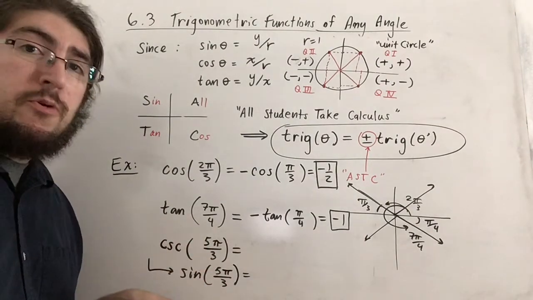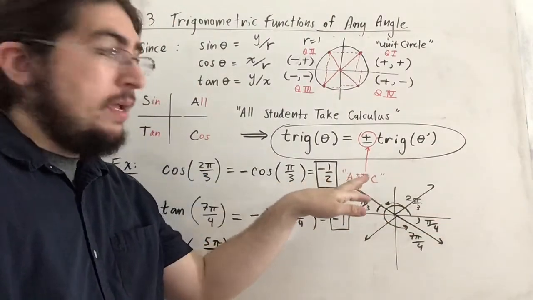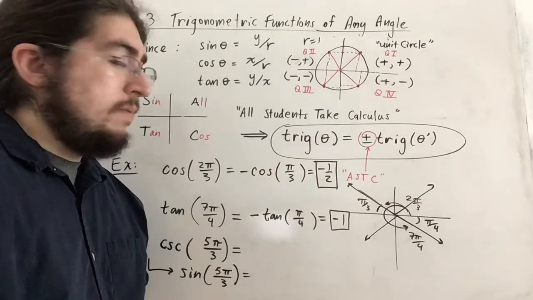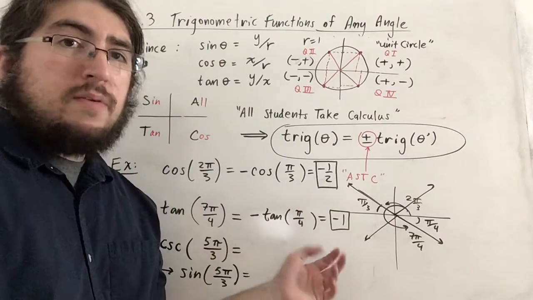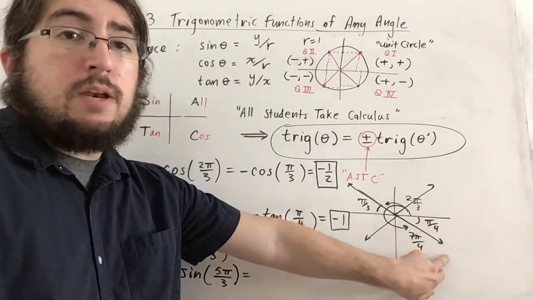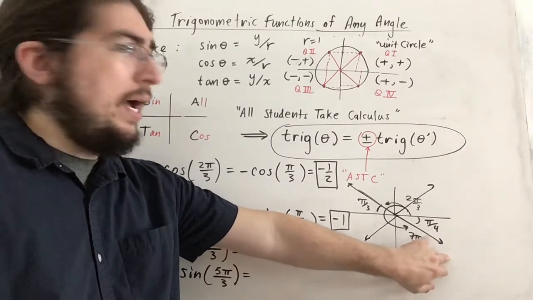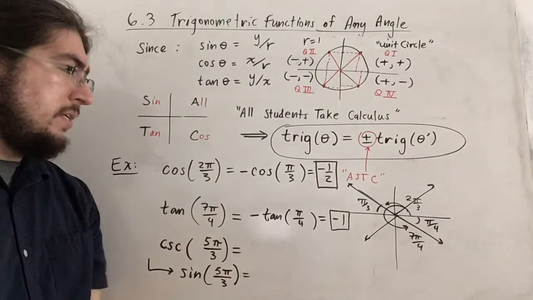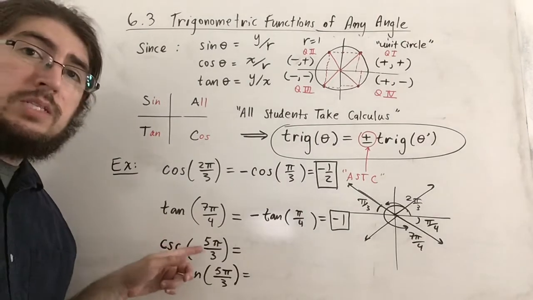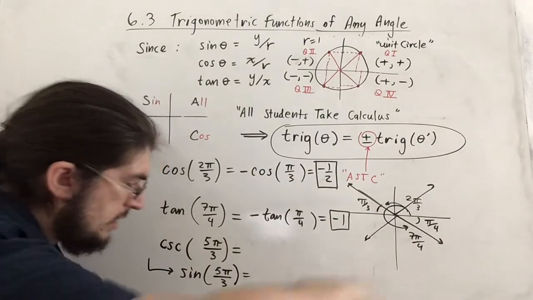So this is an over 3, so there's pi over 3 in the first quadrant, 2 pi over 3 in the second quadrant, 3 pi over 3 reduces, so we don't consider that one. 4 pi over 3 doesn't reduce, that's in the third quadrant. 5 pi over 3 would then be here in the fourth quadrant, and notice 6 pi over 3 reduces, so we don't consider that one, and that actually is 2 pi, which leads us back to one full rotation. So that's a nice way of figuring out what quadrant you're in, just counting over 3's until you land at this one, ignoring all fractions that reduce. So this is in the fourth quadrant.